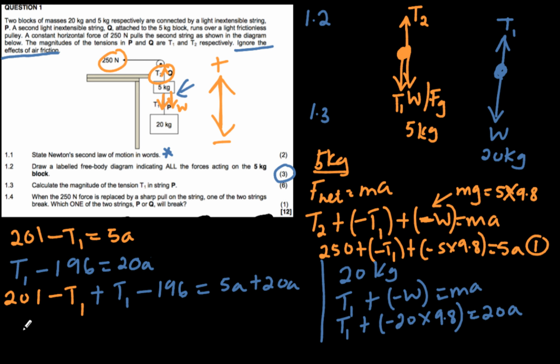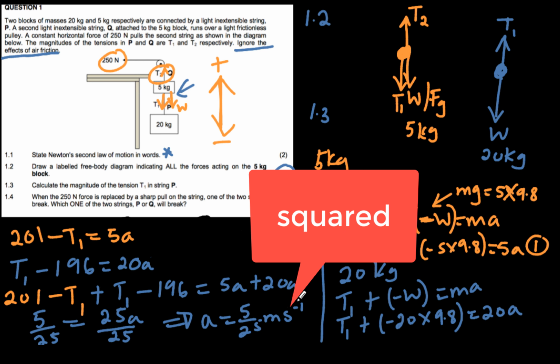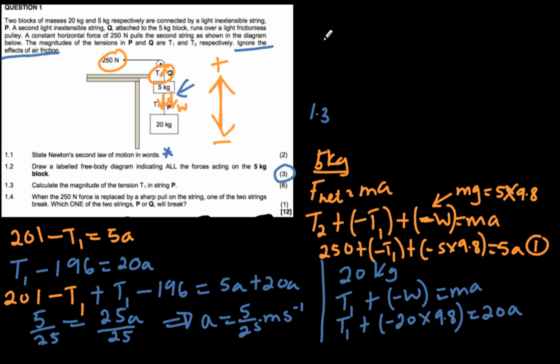This will give us 5 is equal to 25A, implying that we divide by 25, and our A is going to be equal to 5 over 25 meters per second squared, which is 0.2.